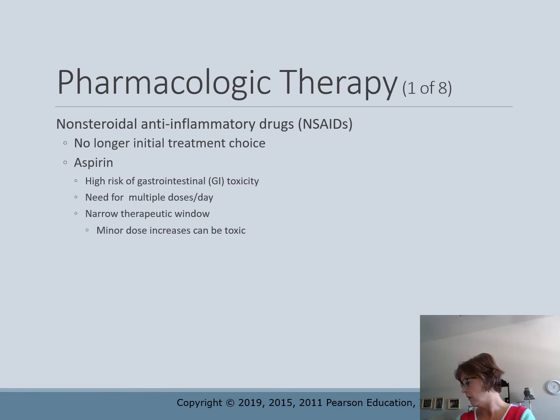Non-pharmacological therapies, there are 3 listed here for you. Non-steroidal anti-inflammatory drugs, so your NSAIDs, for reduction of inflammation and pain. Low-dose oral corticosteroids for reduction of inflammation and pain and to help slow the disease.